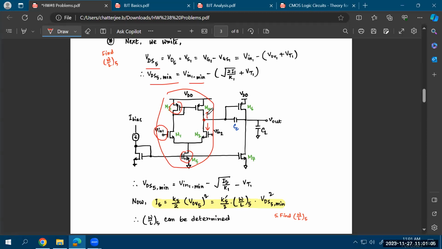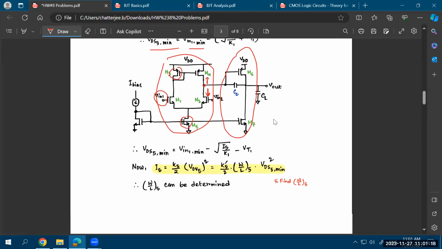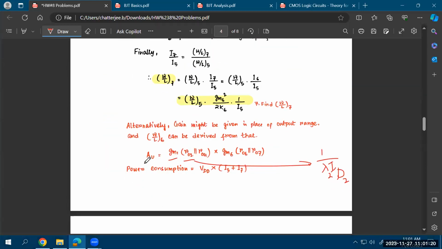That's a parallel combination of the resistance you see looking up and the resistance that you see looking down. And that would be the GM times RO of this first stage. That multiplied with the GM times RO of the second stage will give you the overall gain. And that is the equation that we have listed over here. So this is the GM RO of the first stage multiplied with the GM RO of the second stage, which is giving you the total voltage gain.